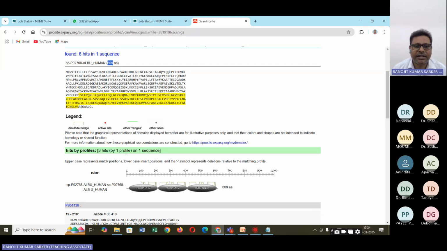These symbols indicate disulfide bonds. You cannot see an active site here because it's a protein, not an enzyme. If you are using enzymes, you will get the active site of your enzyme. And these are some other sites and ranges.